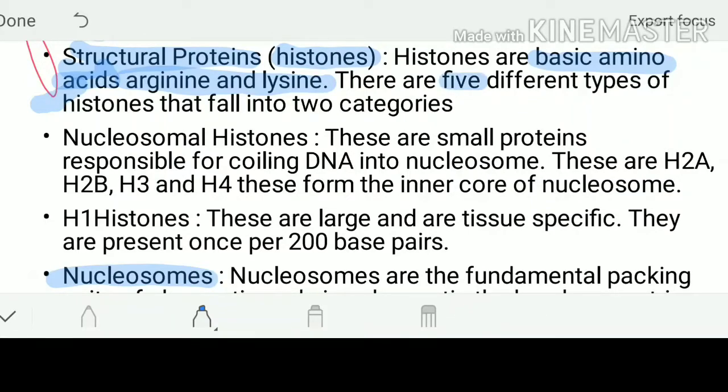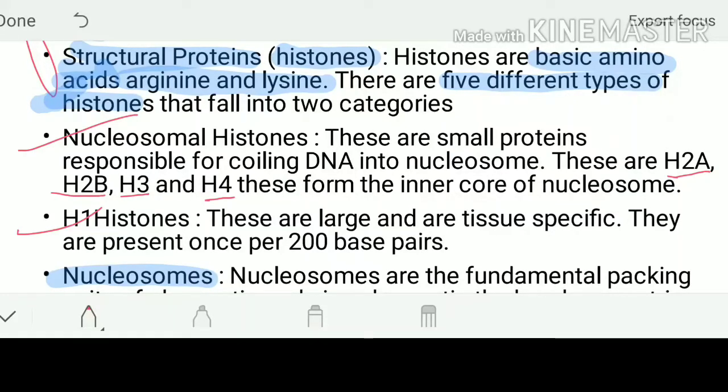Basically there are 5 different types of histone proteins, and they are divided into 2 categories: nucleosomal histones and H1 histone. The nucleosomal histones are H2A, H2B, H3 and H4.